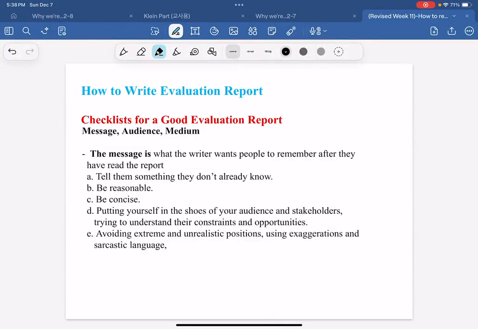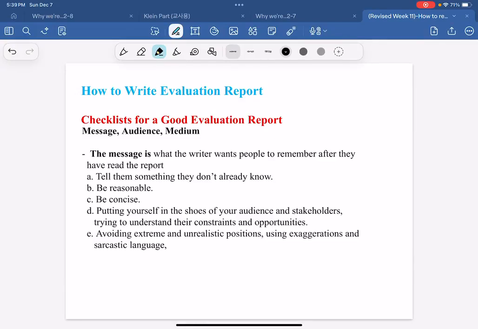Okay, so when you write the evaluation report, there is a checklist for a good evaluation report. Evaluators need to consider message, audience, and mediums. The first, message. The message means what the writer, the evaluators, want people to remember after they have read the report.